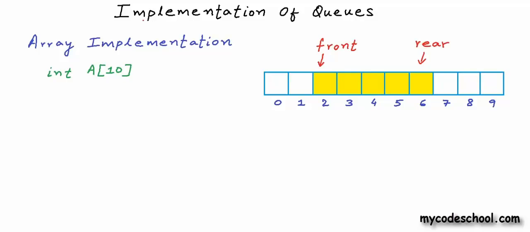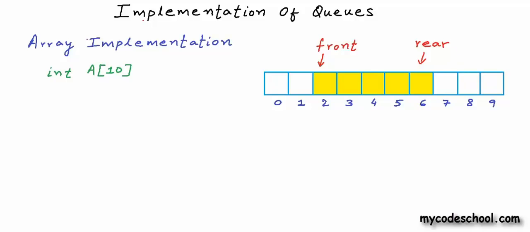In this array, I'm showing front of the queue towards left and rear towards right. In earlier examples, I was showing front towards right and rear towards left. Doesn't really matter. Any side can be front and any side can be rear. It's just that an element must always be added from rear side and must always be removed from front.